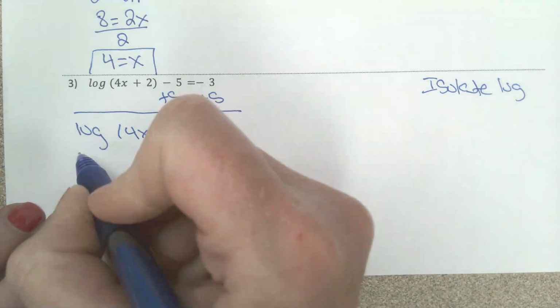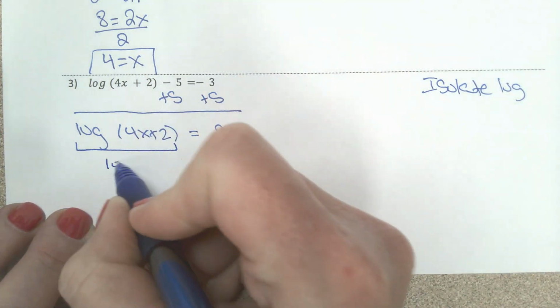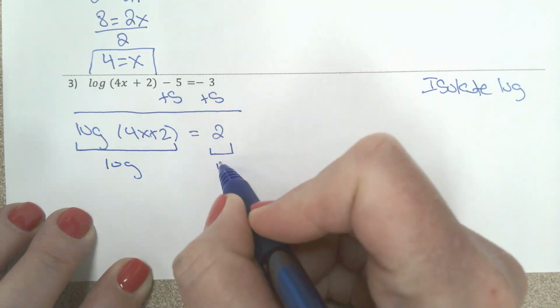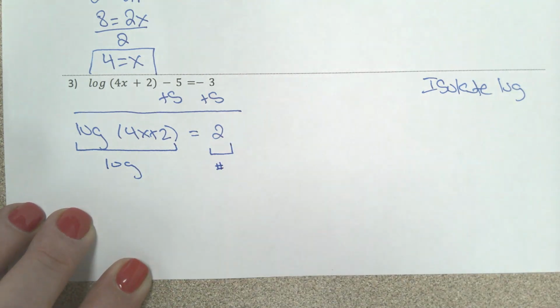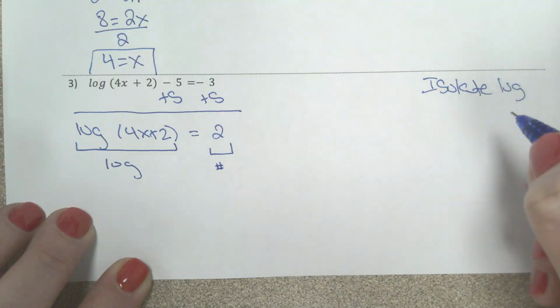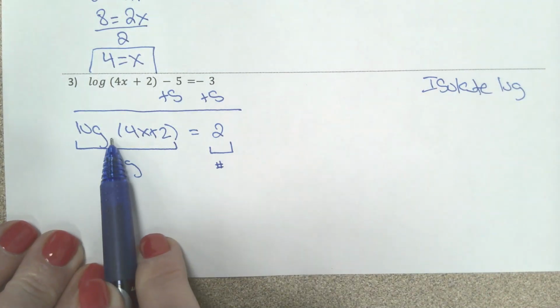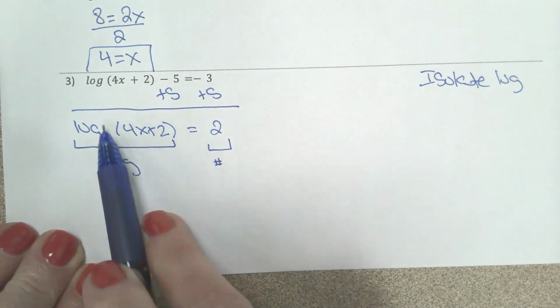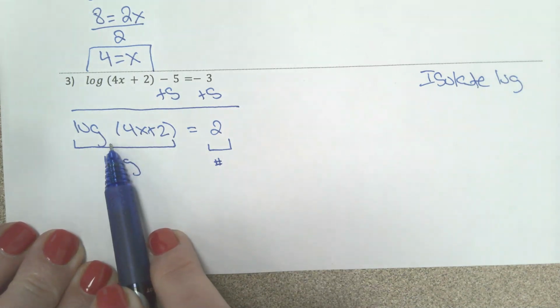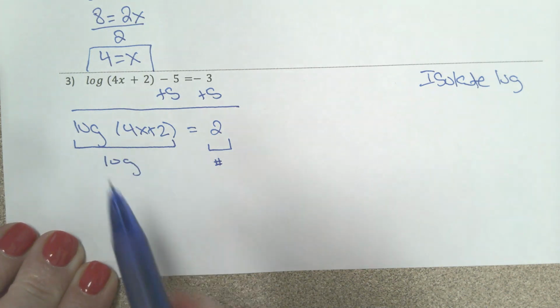All right, so now I have it in the form log equals number. So I like that. So now I'm ready to change form. Well, so I want to take my base and I want to drop it. So on the last video, I told you if you don't see a base, you should know what it is.